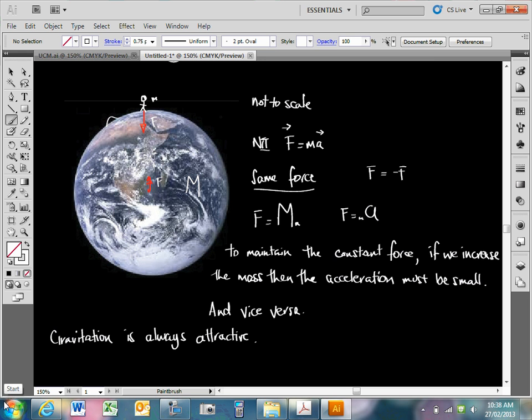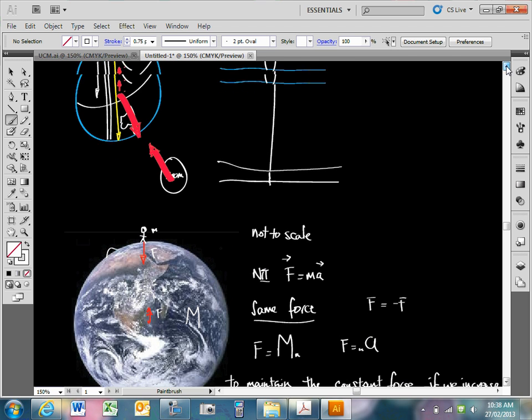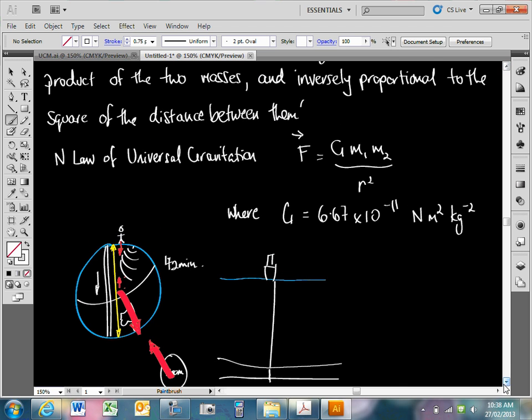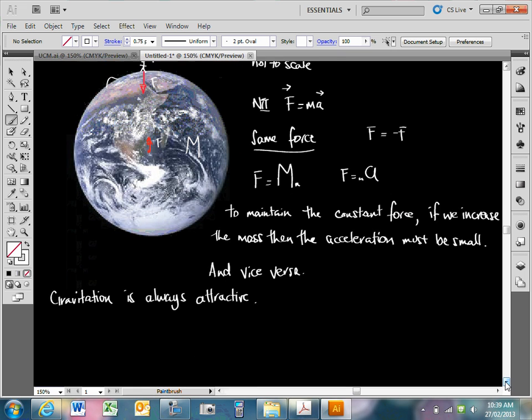Gravitation is always attractive. I better make a statement about the equal and opposite force.